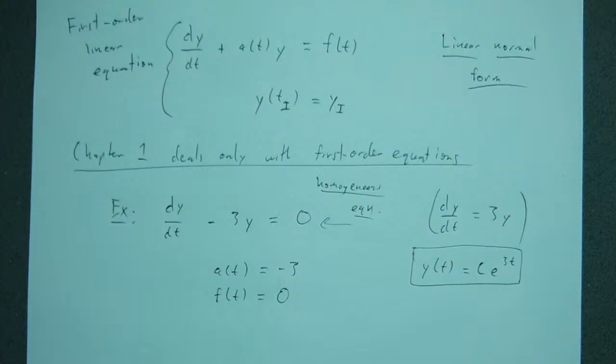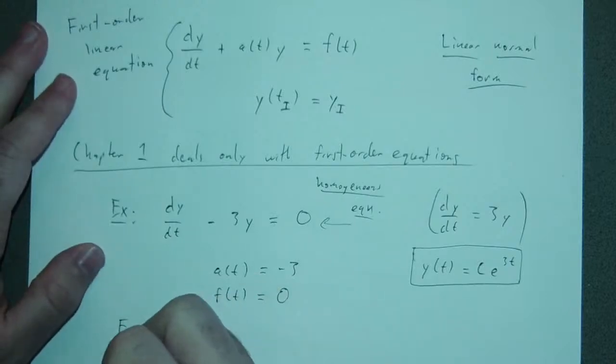So the point though is how do I deal with something maybe a little more complicated here, right? So how do I deal with something that's maybe just slightly more complicated? How about something like this?